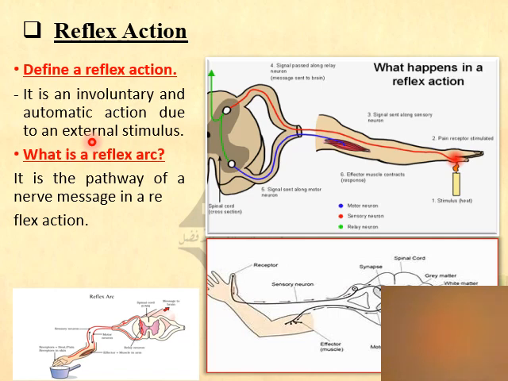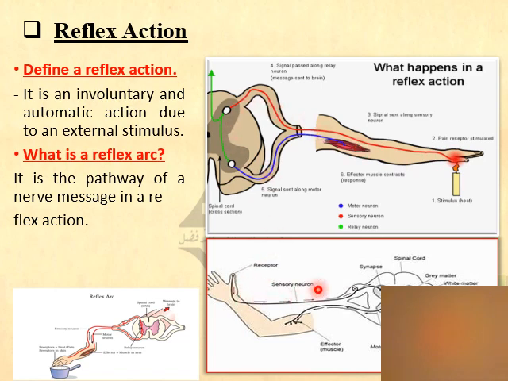To be more scientific, you have to know that the brain here is not involved. The message is not going to travel up to the brain. As you see in the figures, the message is going to be controlled by the spinal cord. And as you see here, we have a pathway represented in the figures.